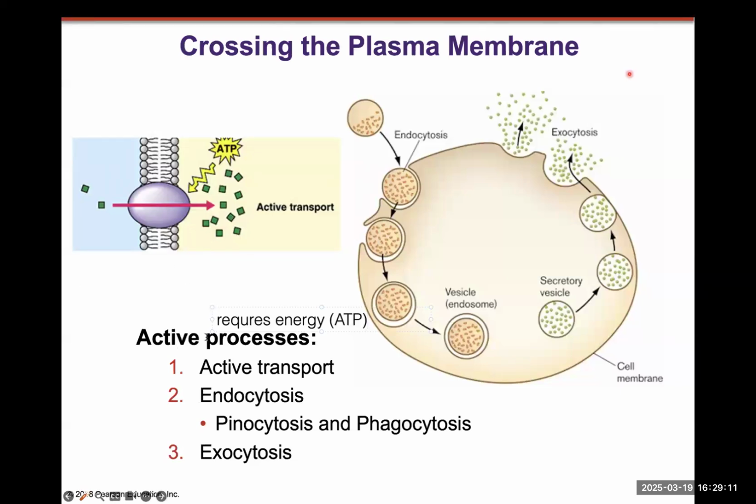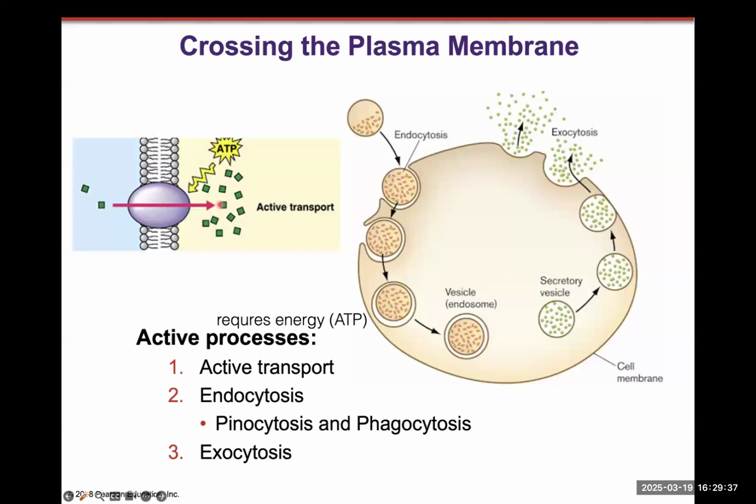You can clearly see that there's ATP here, and that's helping. There's a protein enzyme, and the ATP changes the shape of the enzyme, which causes it to grab a molecule from here and transport it to the other side.